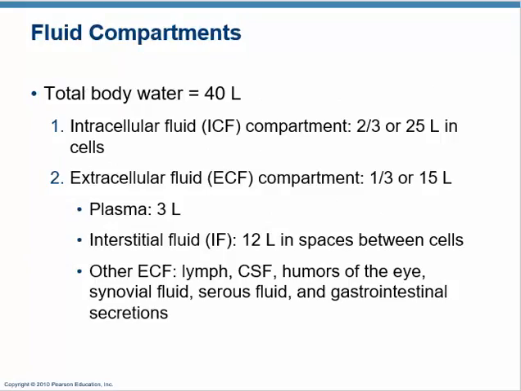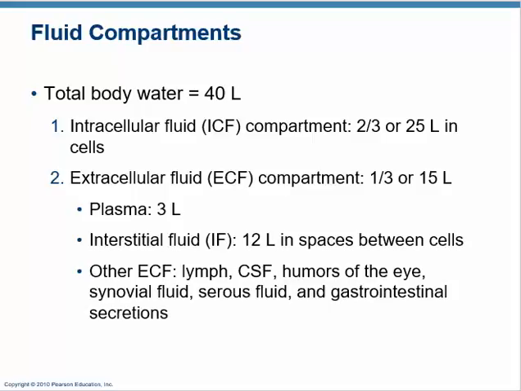The water, about 40 liters of water in the average person, it's 2/3 inside the cells. It is really the cytoplasm of the cells. All the cells are filled with cytoplasm, and that is primarily water. So about 25 liters, 2/3 of it.